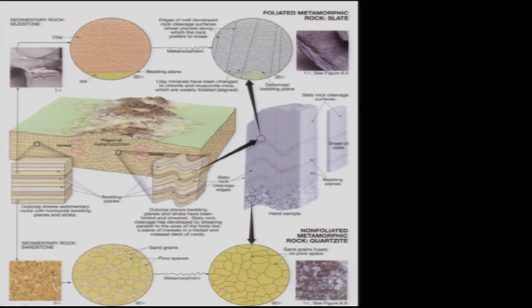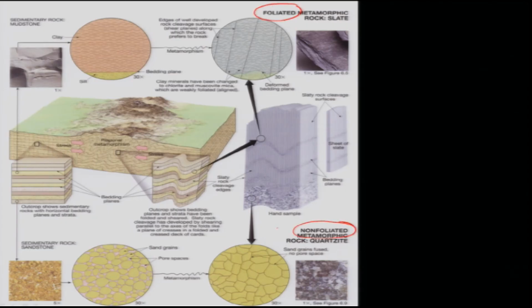No pore space is found anymore in that rock, and what we see is a very beautiful locking between one grain and another, resulting in the formation of a massive rock where we don't see any texture. These are non-foliated rocks, whereas the ones we were looking at earlier are foliated rocks.